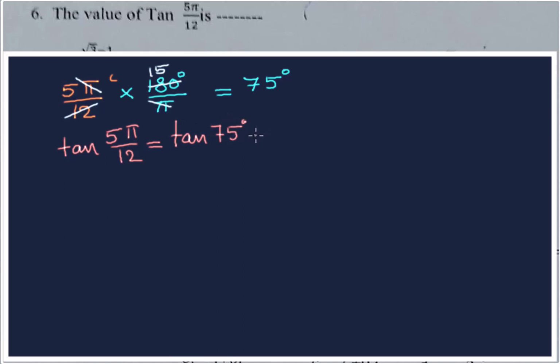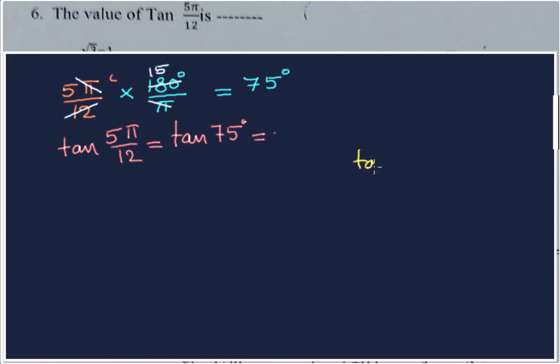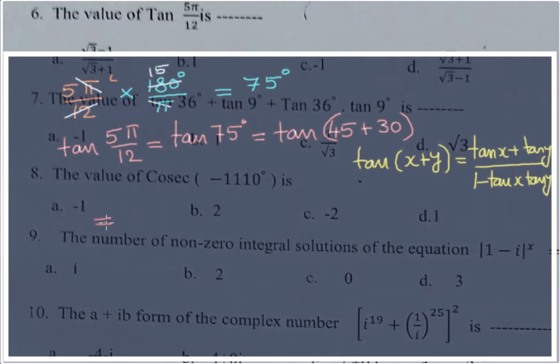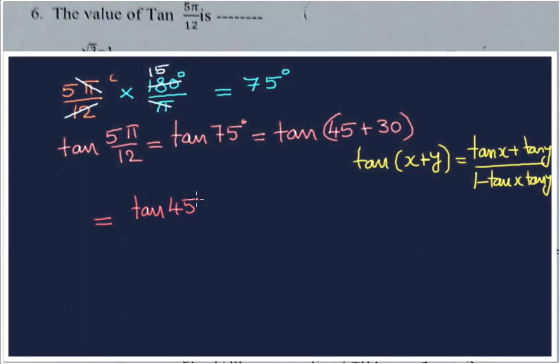75 may be split into 45 plus 30, and now it takes the form of tan of x plus y, which is one of the trigonometric identities, and it can be expanded as tan x plus tan y divided by 1 minus tan x into tan y. So here it is equal to tan 45 plus tan 30 divided by 1 minus tan 45 into tan 30.